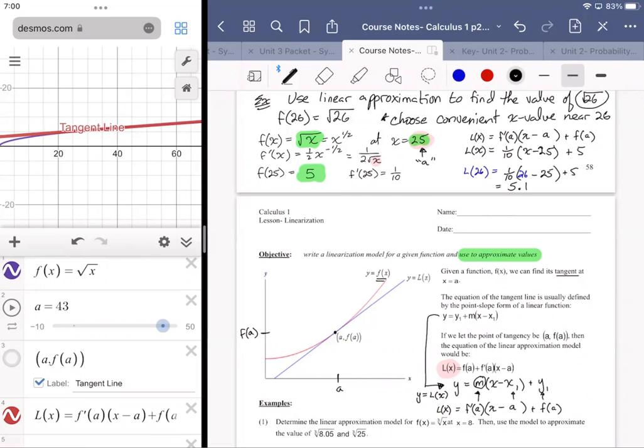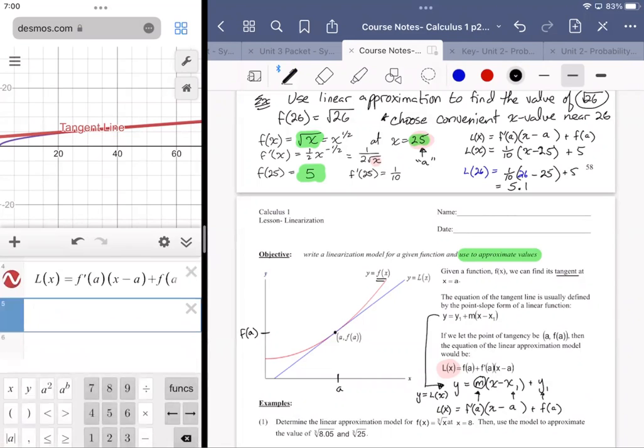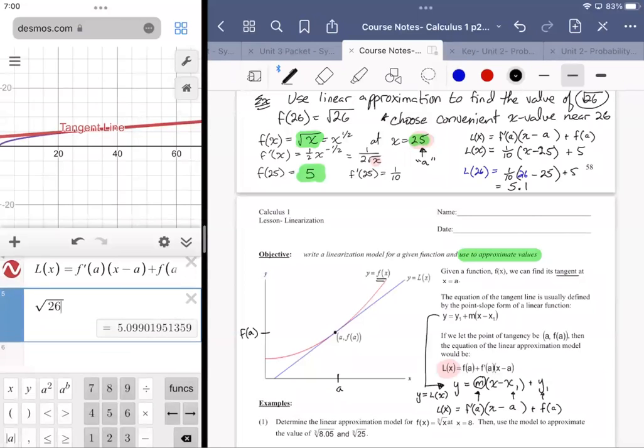So 5.1. Now, if you just rough out the square root of 26, you see that that's what it would round to, 5.1. And that's because 26 is very close to 25.